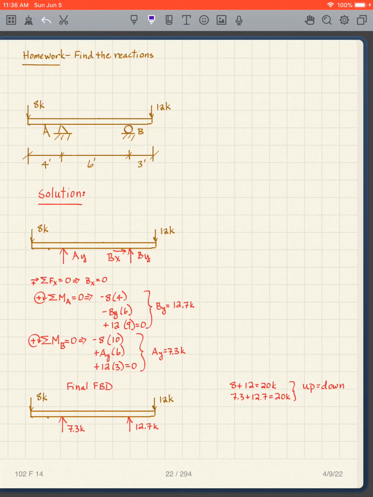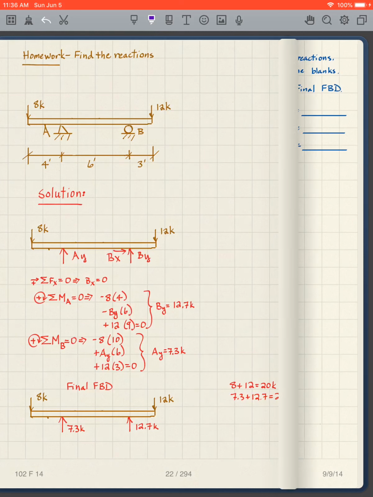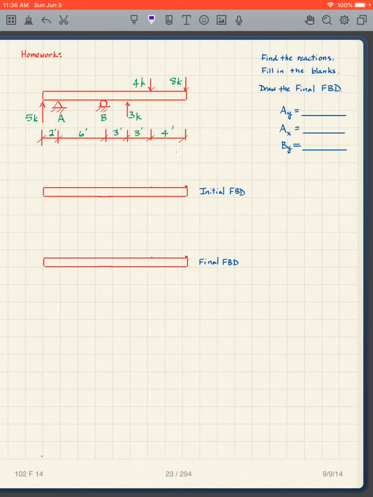Solve for AY, we get 7.3. Both of these are positive, so it makes everything easy. BX is 0. And so there's our final free body diagram. We do our check. We have 20 going down. We have 20 going up. Another one. Do this, pause the video.